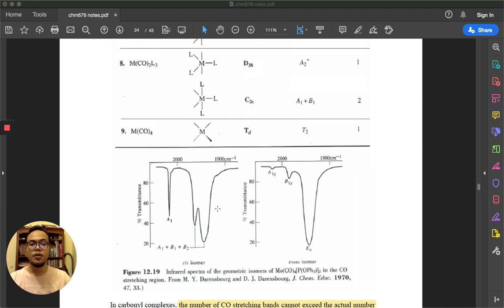Now, this is how your spectra will look. For the first one, we have A1, B1, and B2. How many stretching frequencies here? 3. From these, can you guess what kind of geometry they are going to have? How the atoms are going to be arranged in that particular molecule? So it depends.